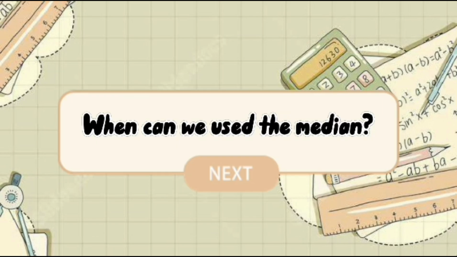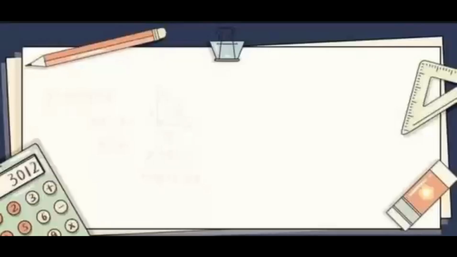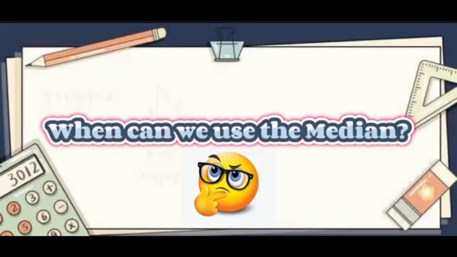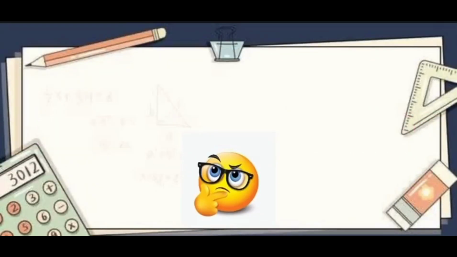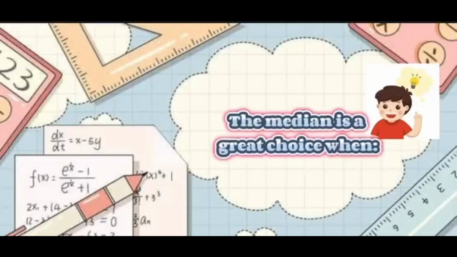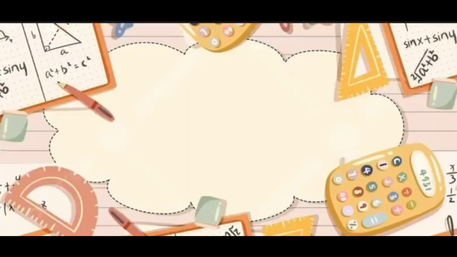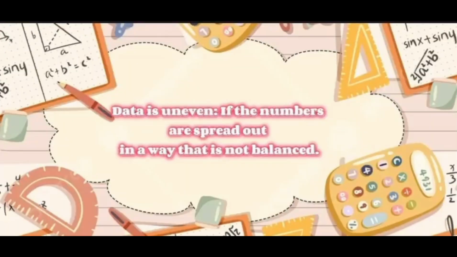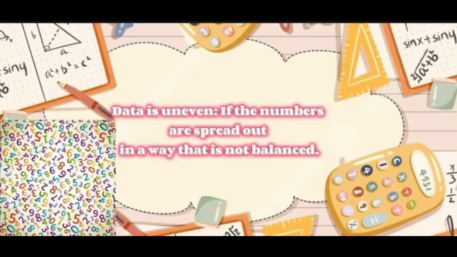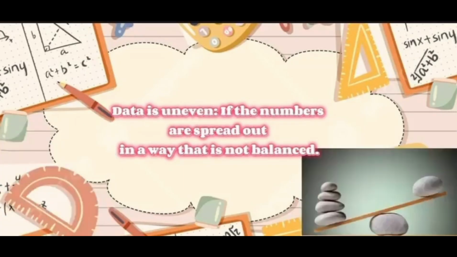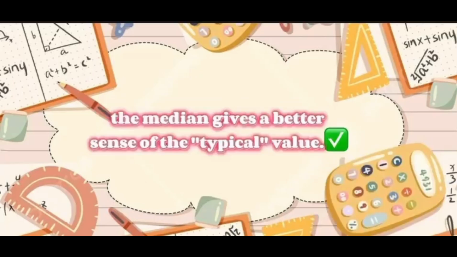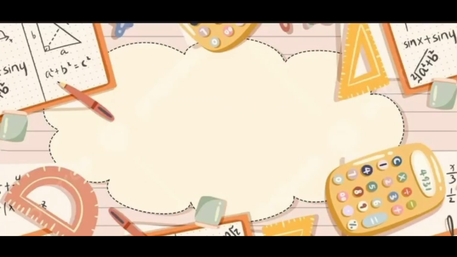Next, you will know when we can use the median. So, when can we use the median? The median is a great choice when the data is uneven. If the numbers are spread out in a way that is not balanced, the median gives a better sense of the typical value.